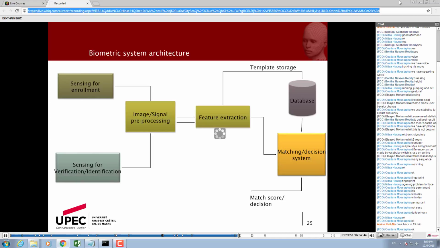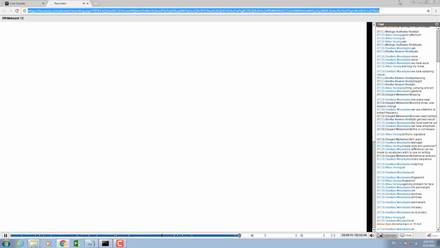When your features are similar to a database range, for example, you are identified. Okay, but it's a long explanation.